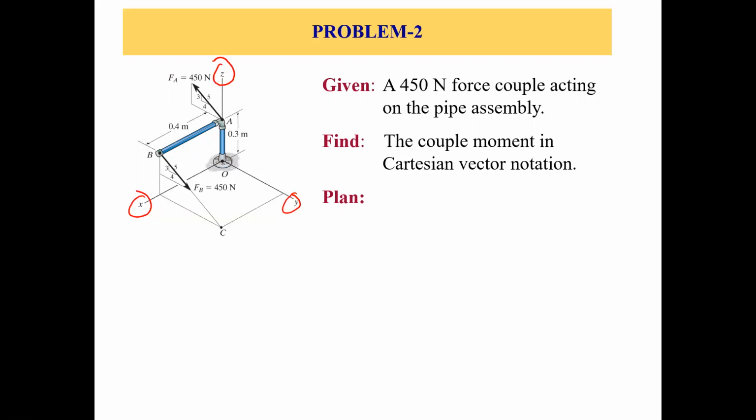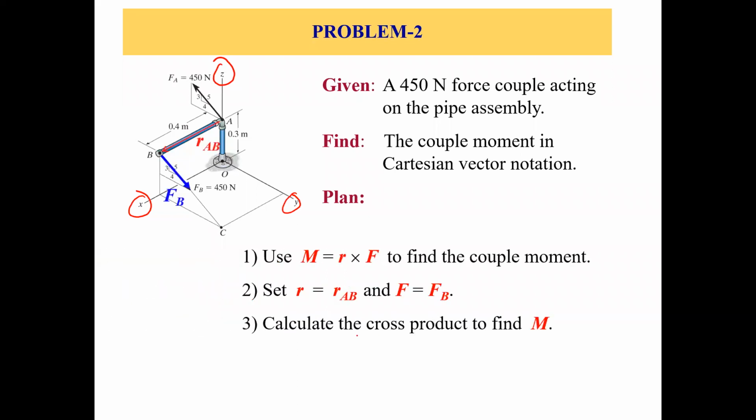So what do we need to find? We need to find the couple moment in Cartesian vector notation. Since it's a 3D problem, we need to do the vector analysis for couple moment. We already learned how to find moment in vector form. We need to take the cross product of position vector and the force vector.